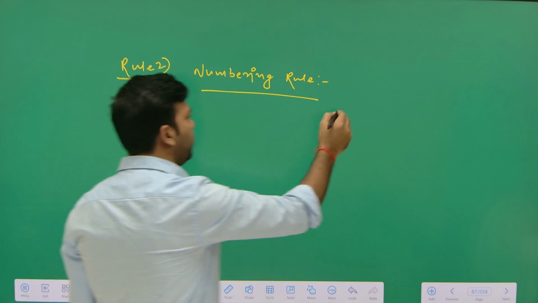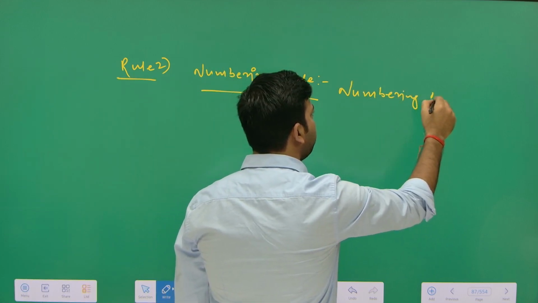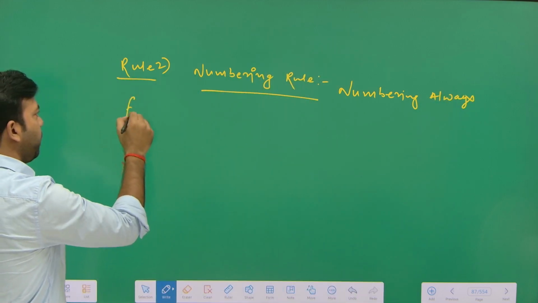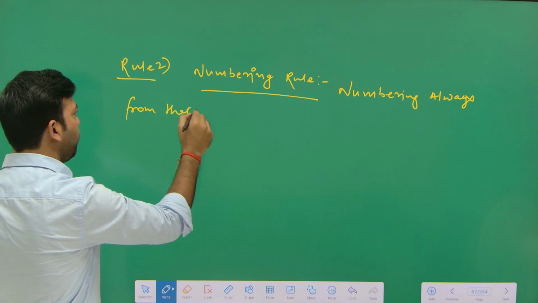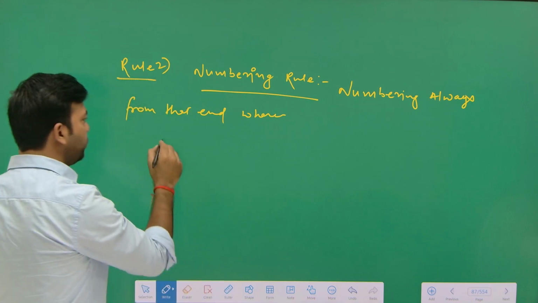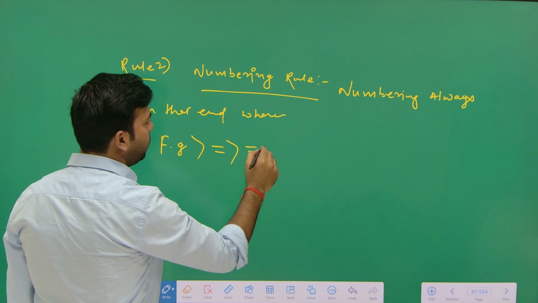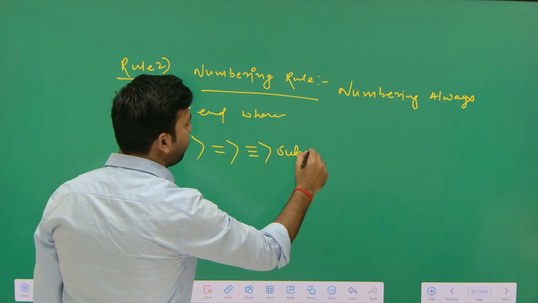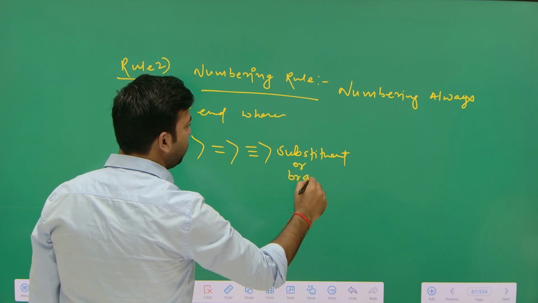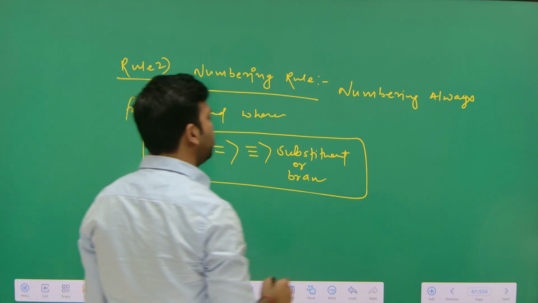First you can write here: numbering always starts from that end where these groups get the lowest number, means functional group, then double bond, then triple bond, then substituent or branch. With the lowest number, where the lowest number.